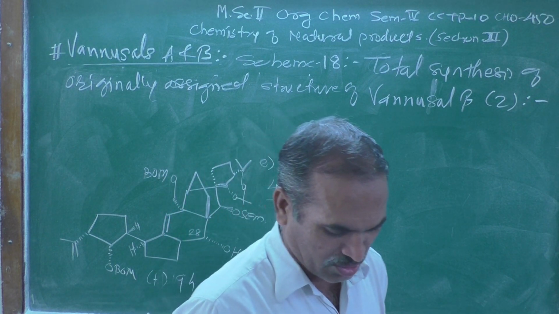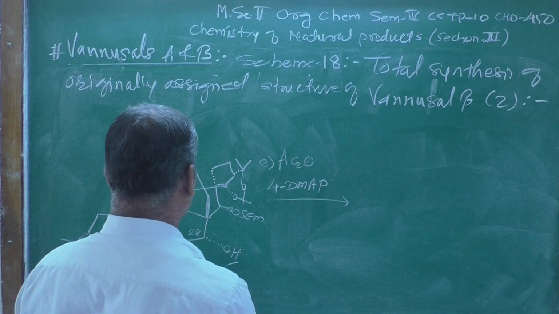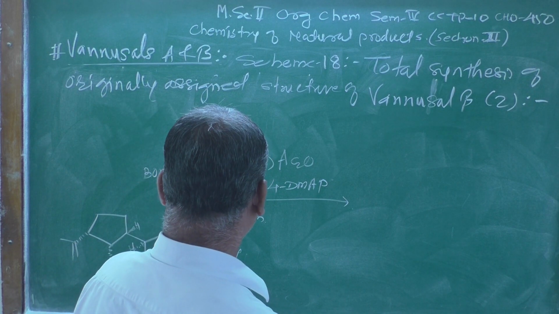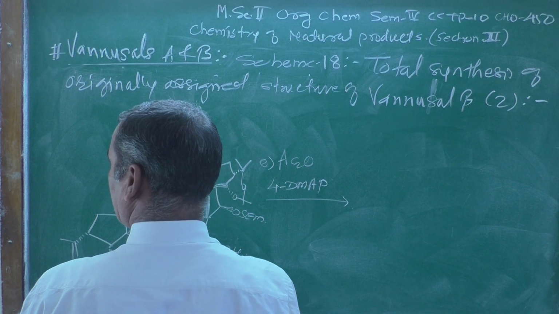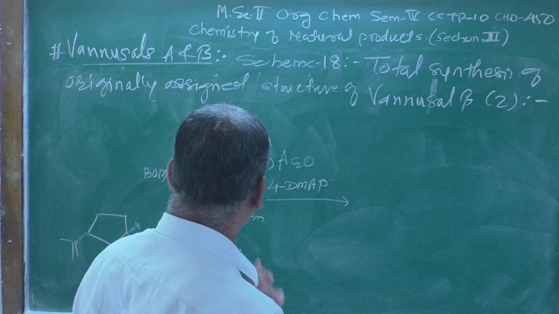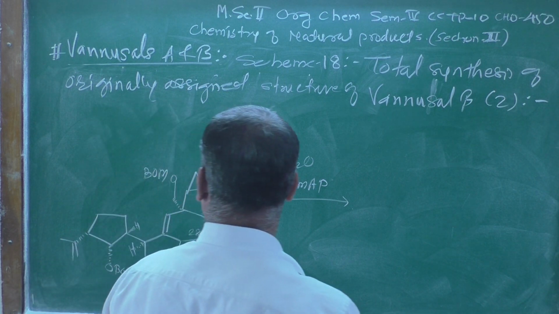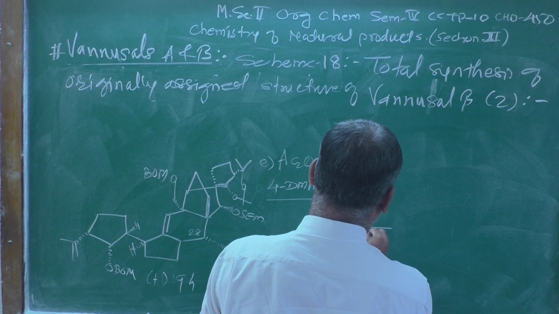After the addition of this, acetylation can be carried out at the 28 position, where selectively the hydrogen atom gets replaced by an acetyl group, and the resulting compound obtained will be this one.